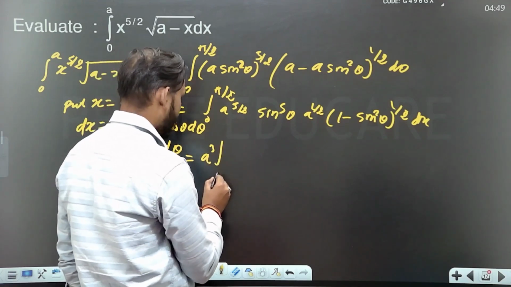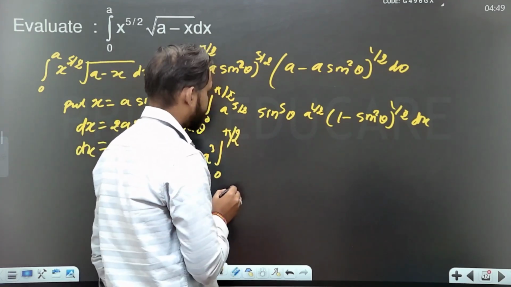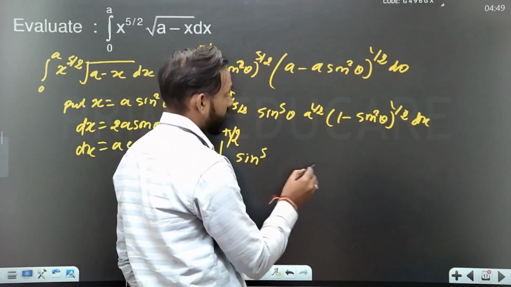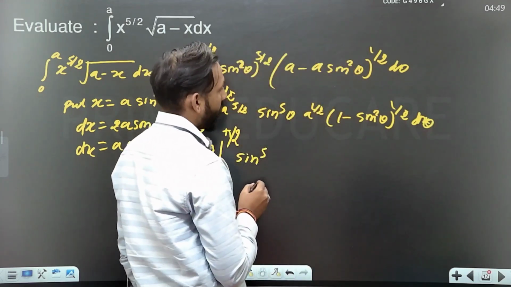A cube, and 0 to pi by 2, and sine to the power 5 theta, sorry, not dx, this is d theta.